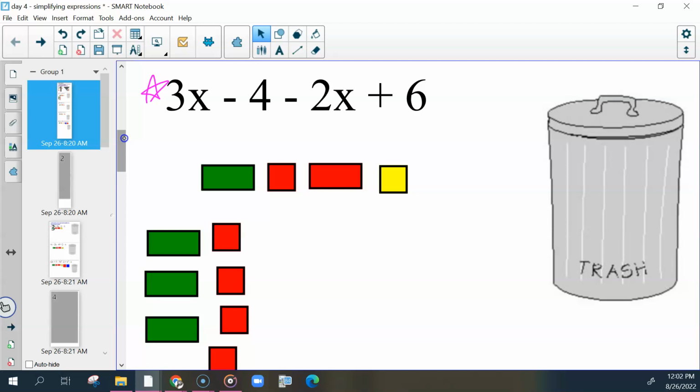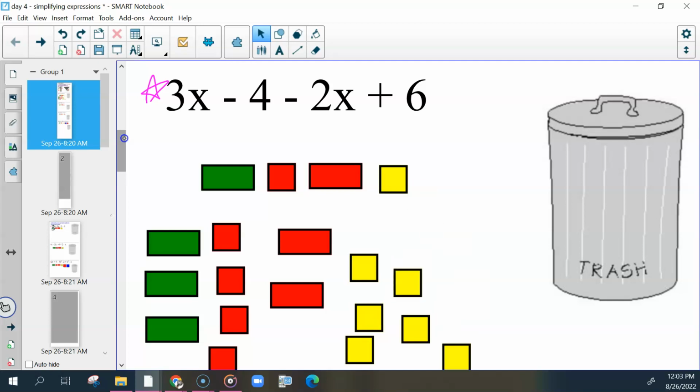So negative 2 of the negative x's. And positive 6. 6 of the ones.